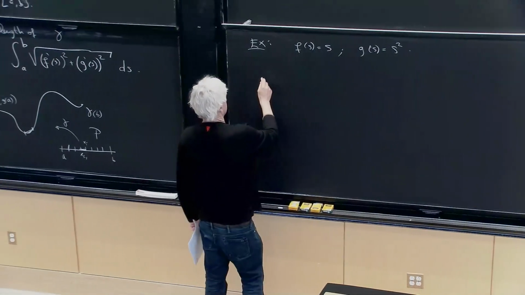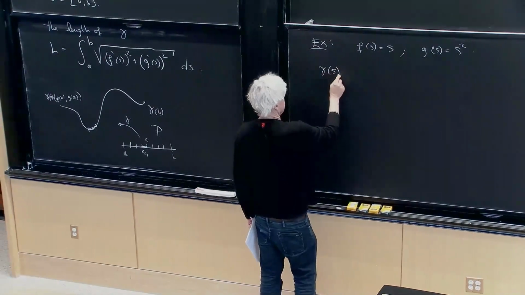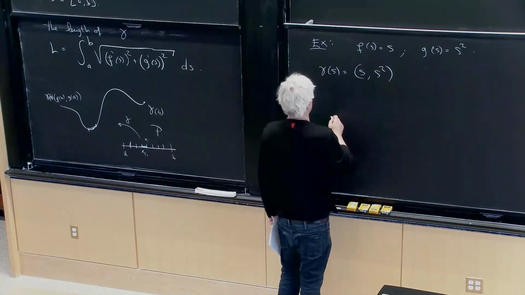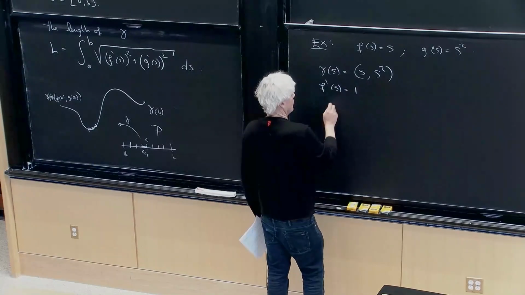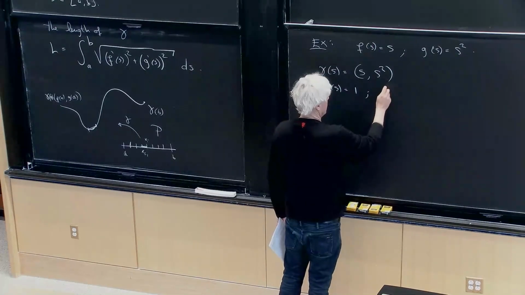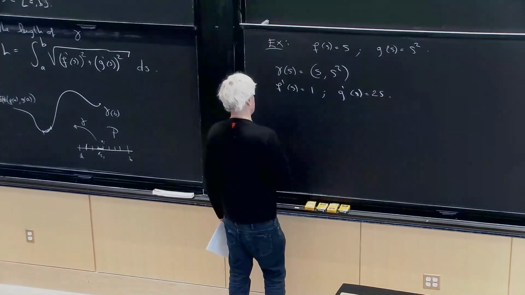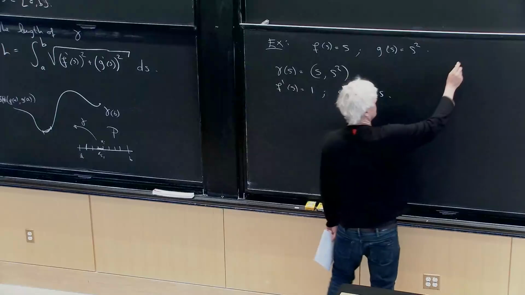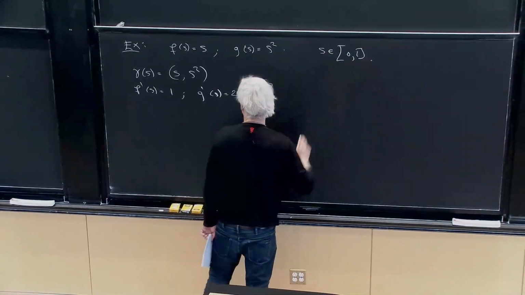Then the curve gamma of s is s comma s squared, and f prime of s is equal to 1, and g prime of s is equal to 2s. And let's say that s is parameterized here from 0 to 1.